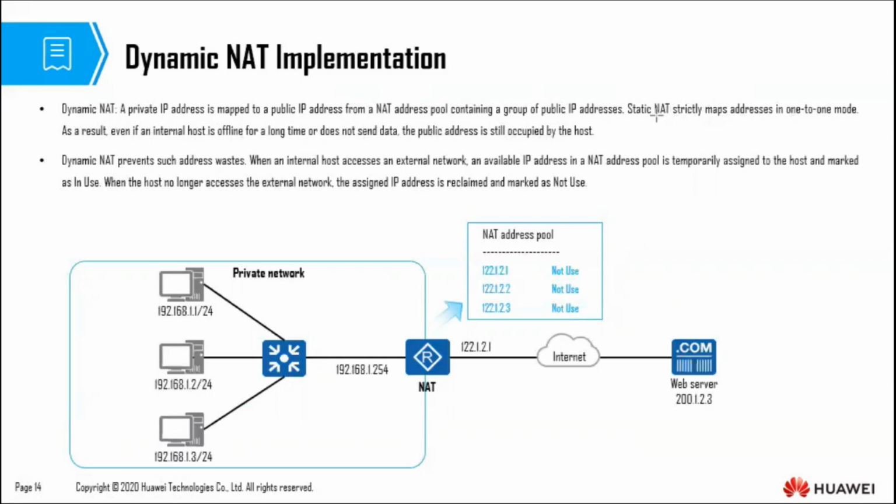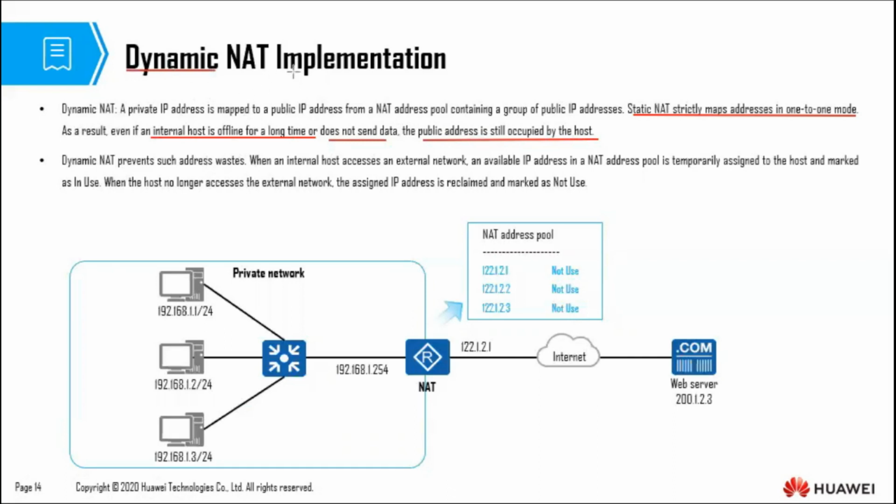You see, the problem with static NAT that implements one-to-one mapping is that when some internal hosts are offline for a long time or do not send data, the public address is still occupied by the host. So it wastes these public IP addresses. So in order to cater for that, they developed dynamic NATing.